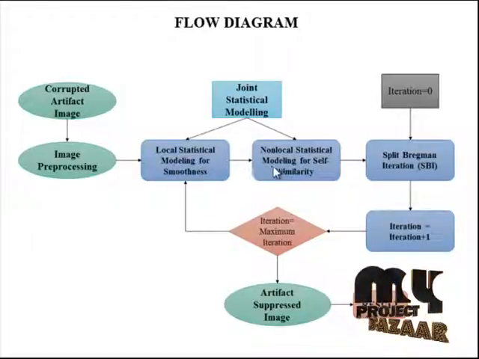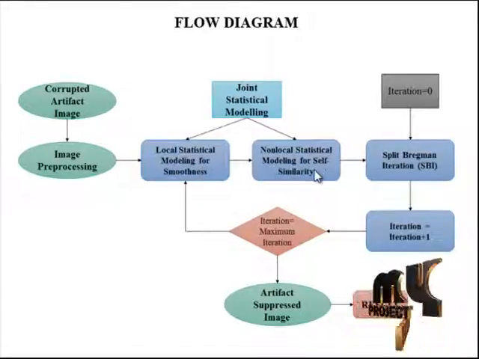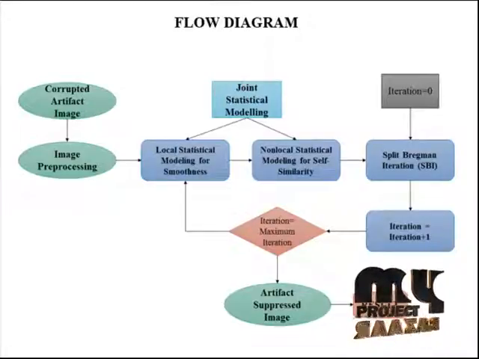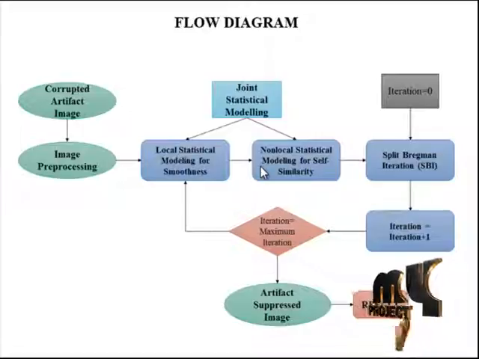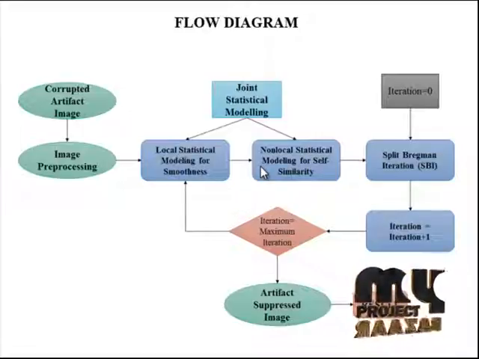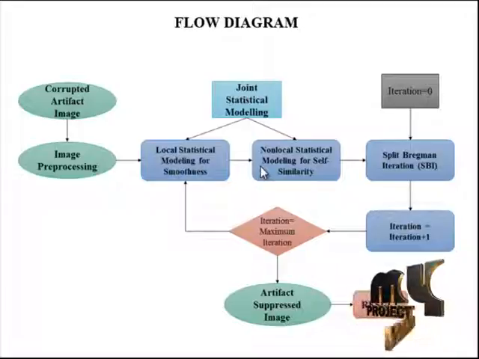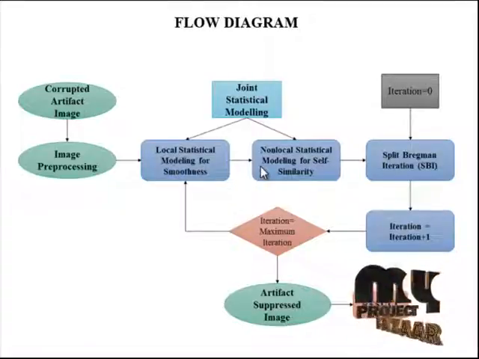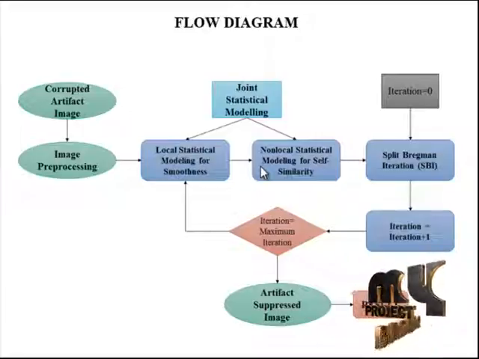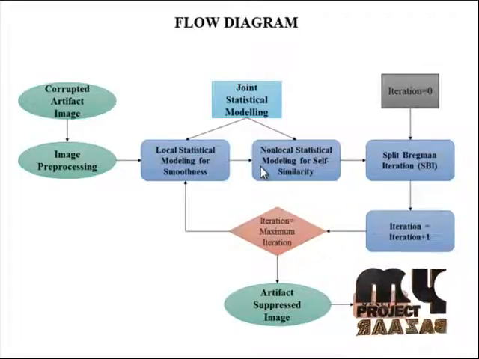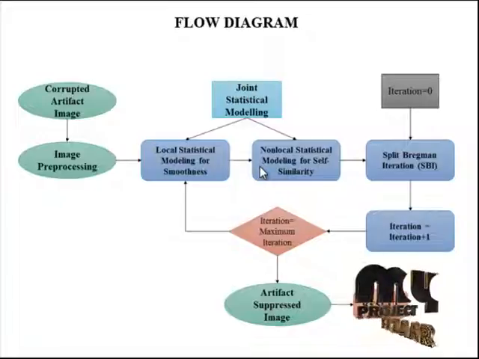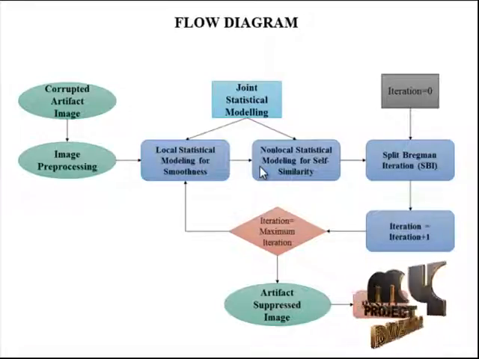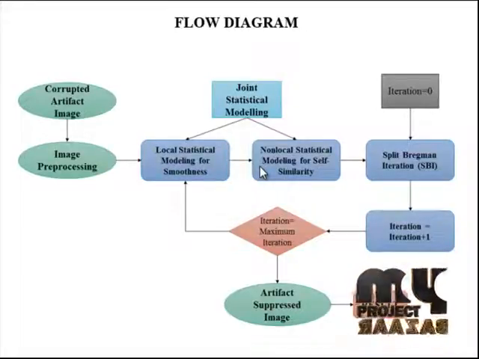Next, the non-local statistical modeling for self-similarity. In this, NLSM corresponds to the above non-local self-similarity prior and maintains image non-local consistency, retaining the sharpness and edges effectively. Estimate the error image between the input original image and the corrupted artifact image, then calculate the maximum peak value of the error with the histogram operation.